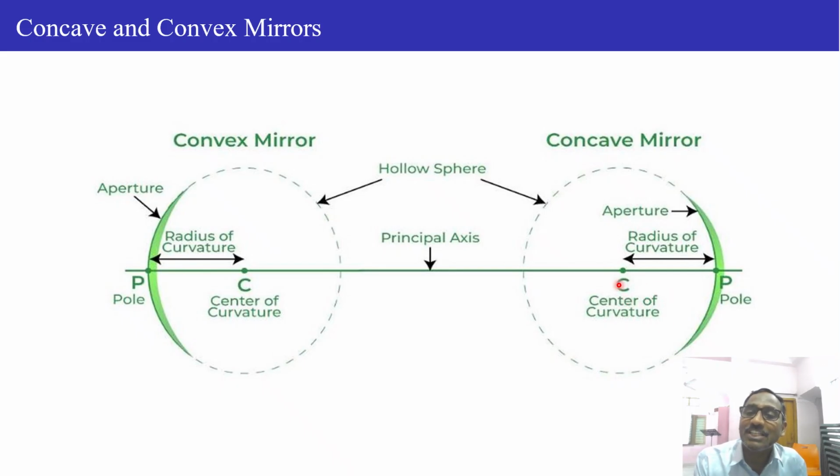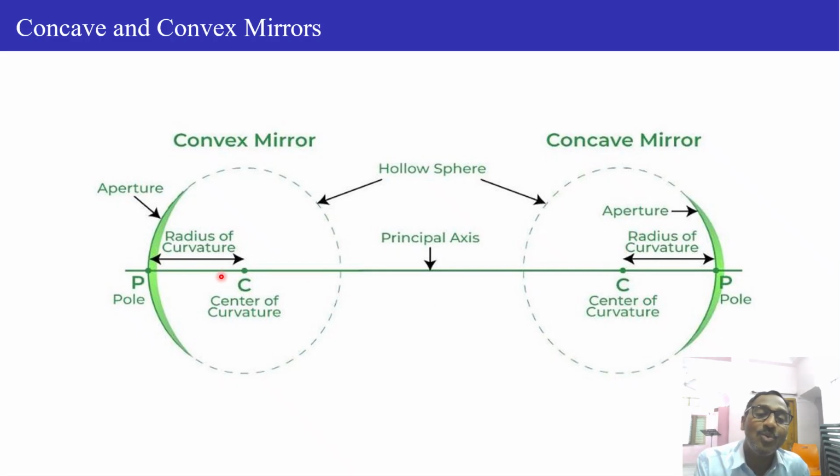Here, the distance between the center of curvature and the pole is known as the radius of curvature. So here also the same, right? The distance between the pole and the center of curvature is known as the radius of curvature. Here also the distance between the pole and center of curvature is known as the radius of curvature.